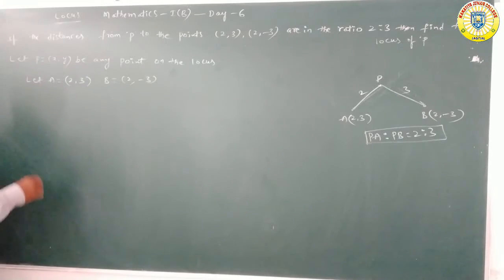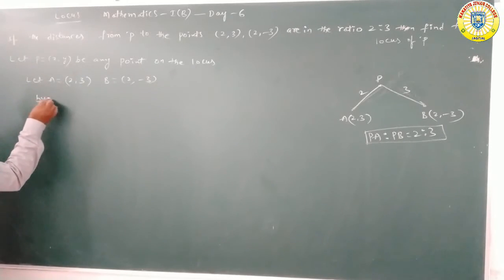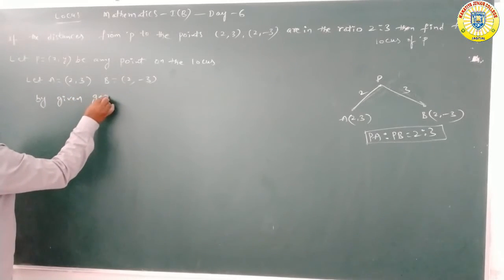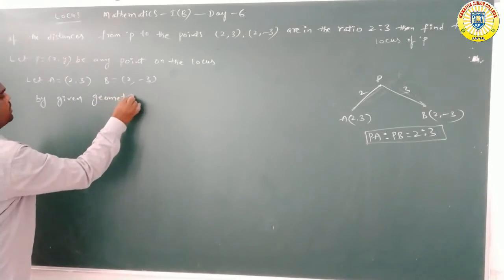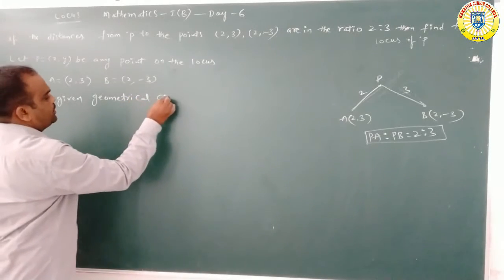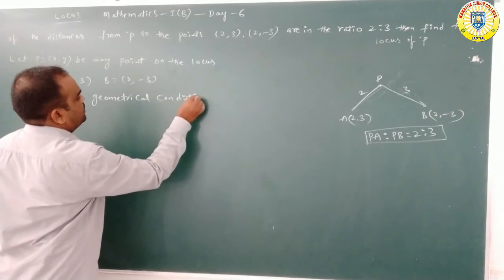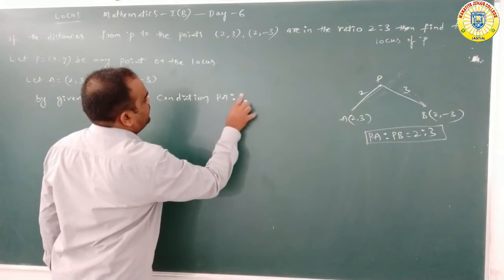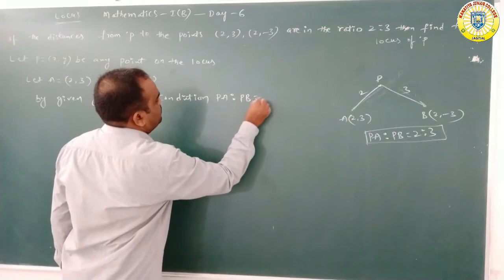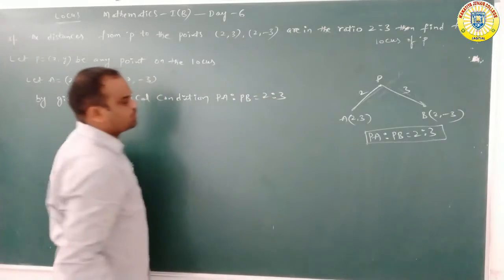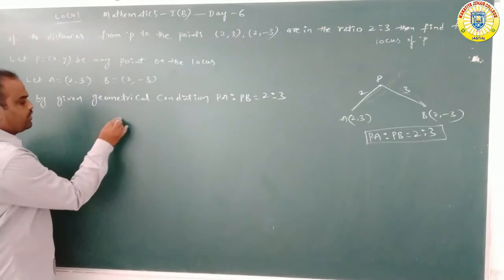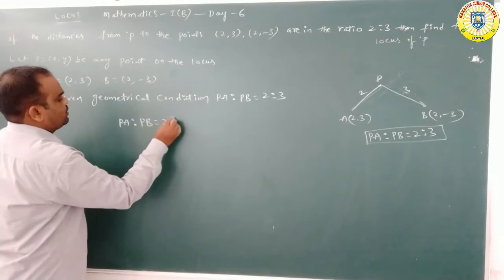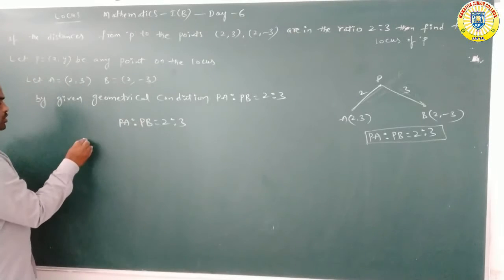By the given geometrical condition, PA : PB = 2:3.